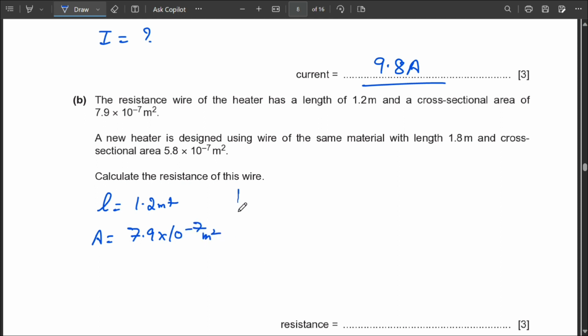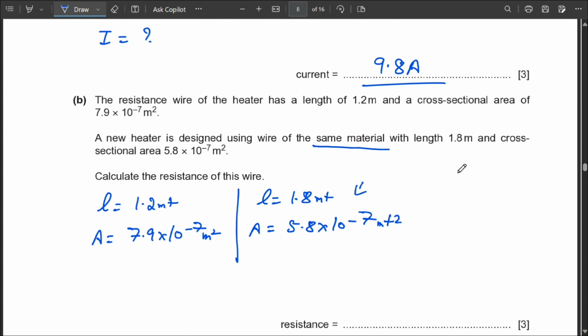Now, the new heater is designed using wire of the same material with a length of 1.8 meter and cross-sectional area of 5.8 into 10 to the power minus 7 meter square. Calculate the resistance of this wire.